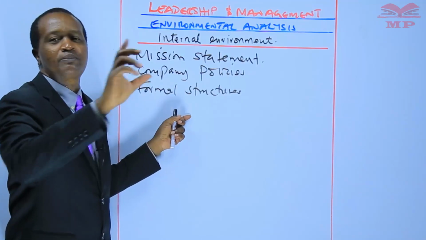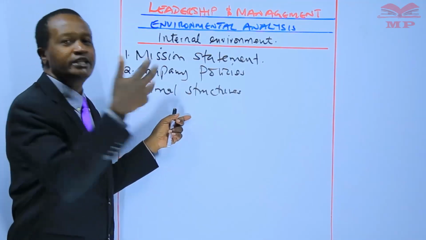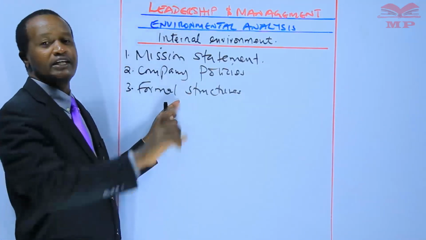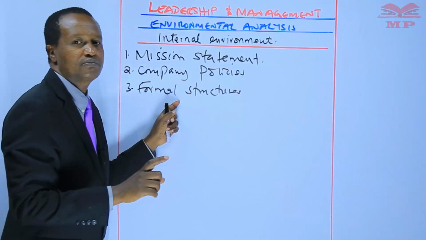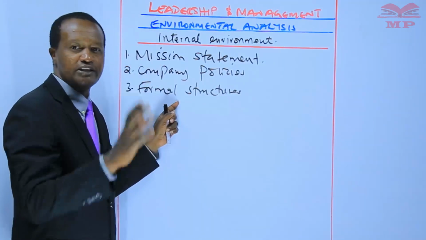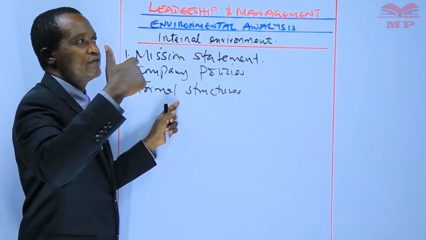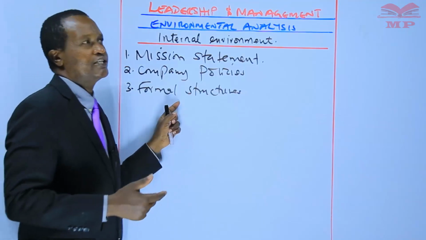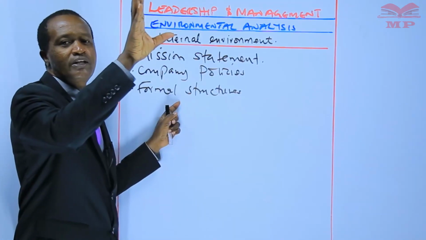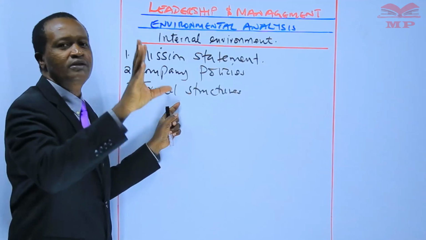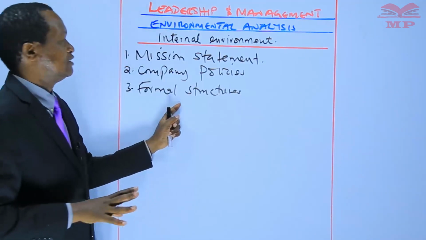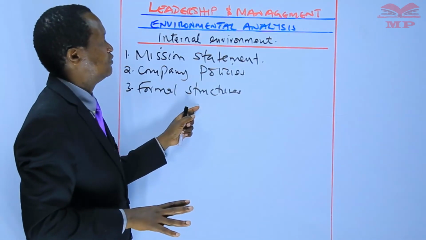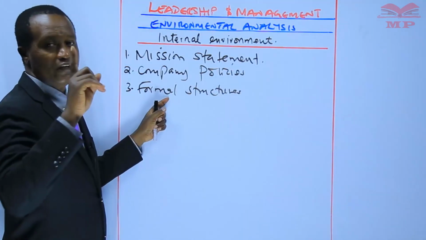It also shows which departments are responsible for which activities and where the decision-making power rests. There are organizations that use a chart to simplify the breakdown of the formal structure. A chart is just a pictorial display of the official lines of authority and communication within the organization. So formal structure is a component of the internal environment of a company.